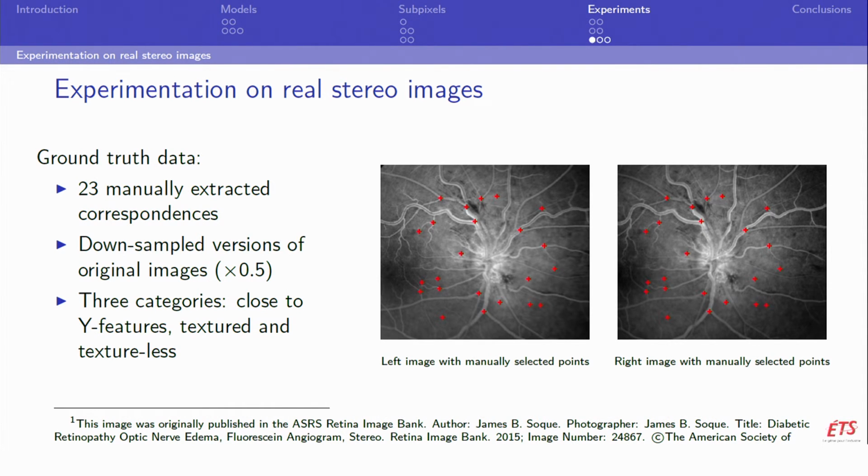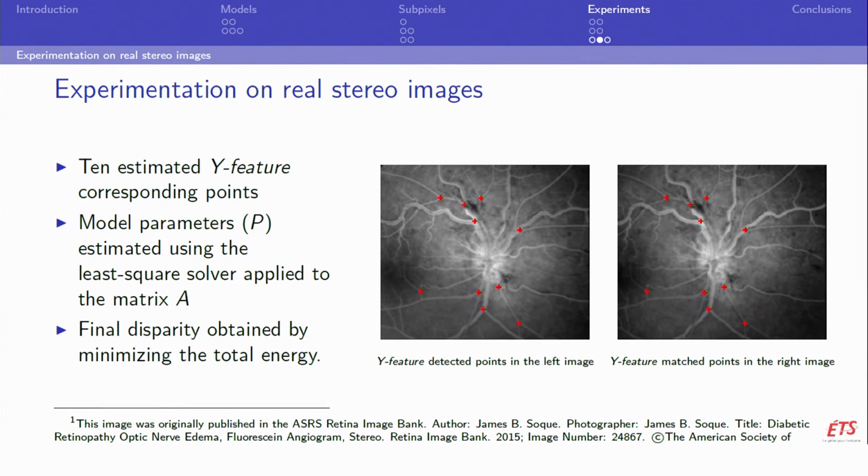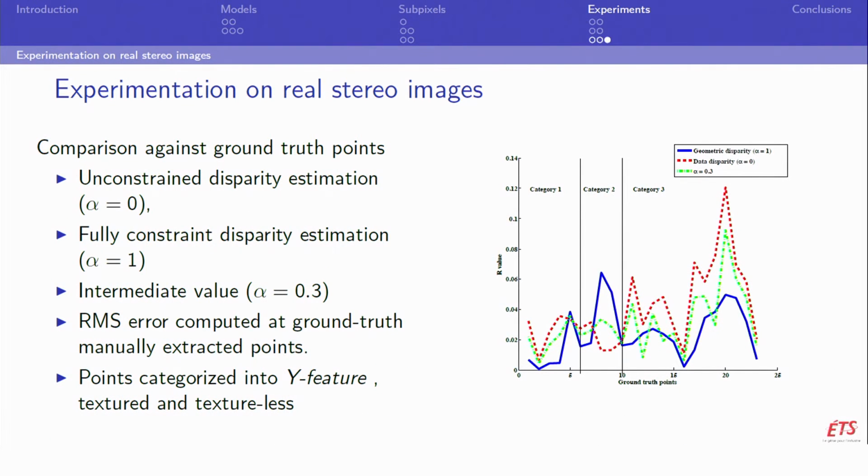We selected points in three different places: close to Y features, textured regions, and textureless regions. From there, we extracted the Y features, did the matching, applied the algorithm, and finally obtained a global disparity estimation, or dense disparity.